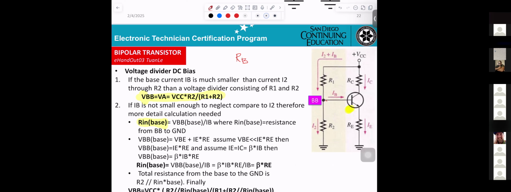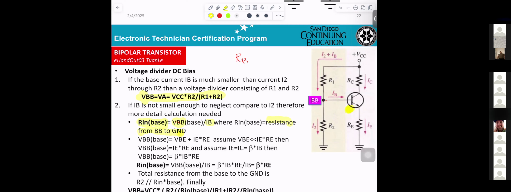In here, they already telling you R in base equals VBB divided by IB, where R in base is the resistance from VBB to the ground. VBB equals VBE plus IE times RE.